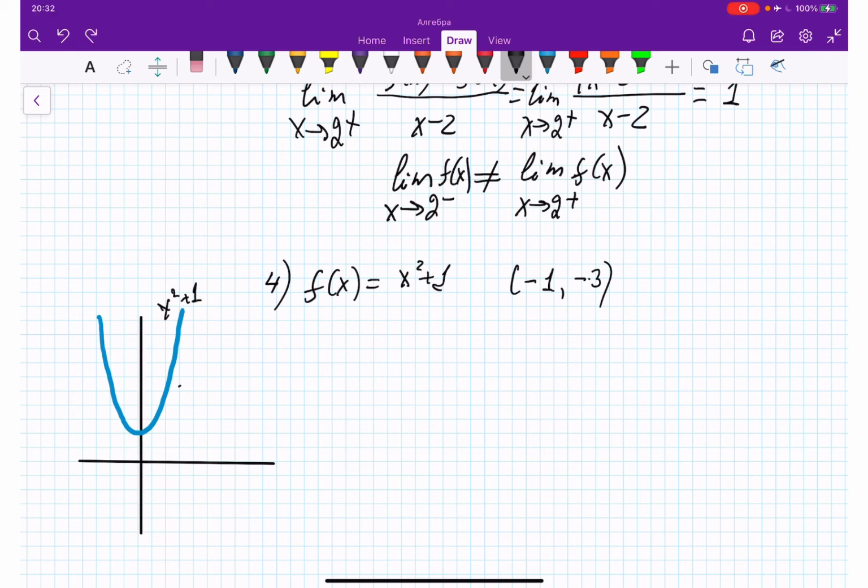And the tangent lines run into each other at the point (-1, -3). 1, 2, 3, -1. And this is going to be the point where they are going to cross. Okay, let me then draw the tangent lines.